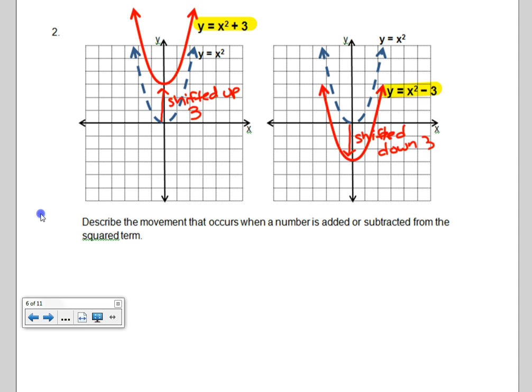And also be aware that the number 3 and the number minus 3 are not inside with the x. They're outside the square term. So there's a significant difference where the 3 is located.